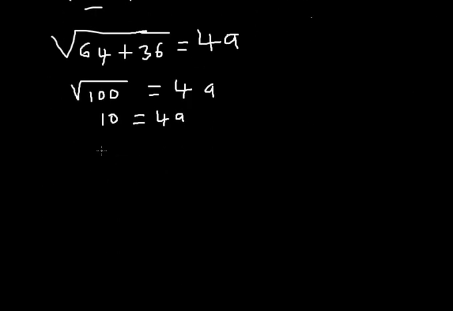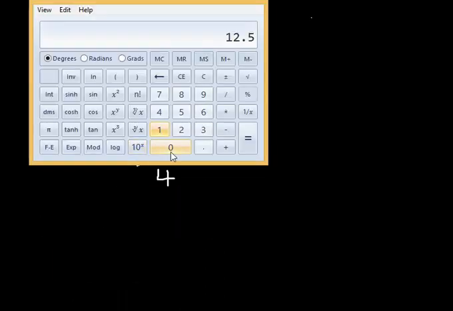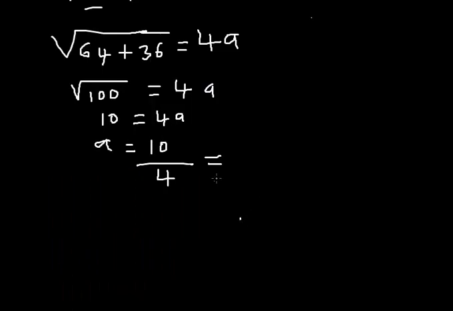So now a is going to be equal to 10 all over 4. What do we have? 10 divided by 4, 2.5. Then the SI unit of acceleration is meter per second squared, or m s raised to the power of minus 2.